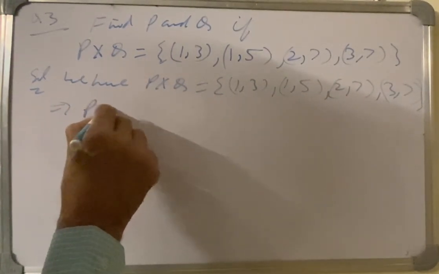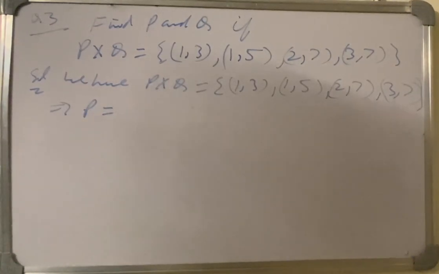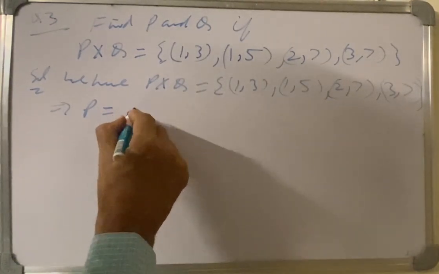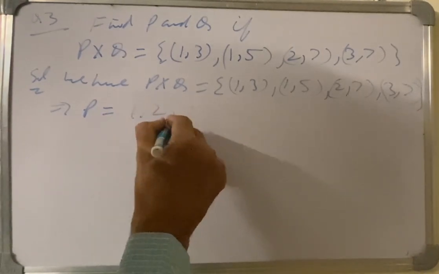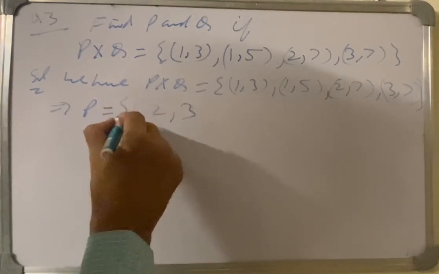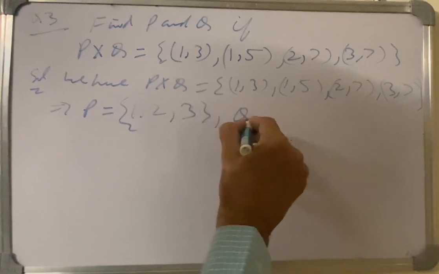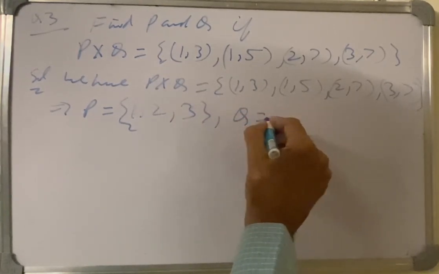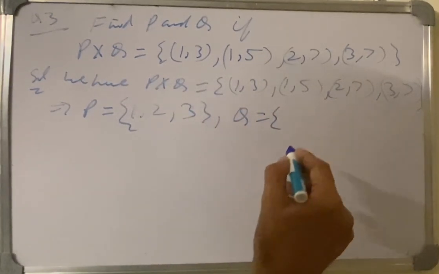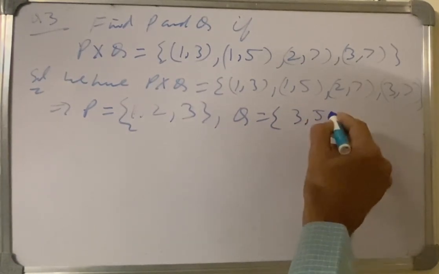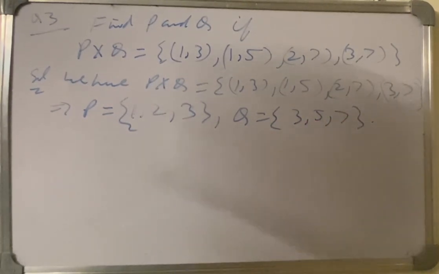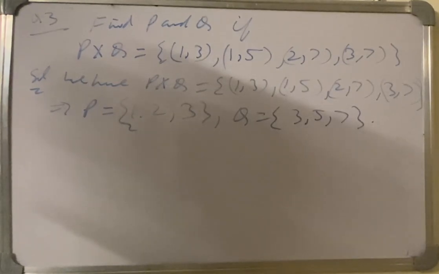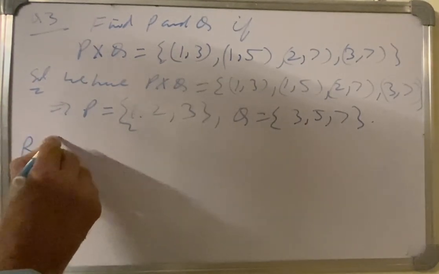Therefore, P is the set of first elements, which is {1, 2, 3}, and Q is the set of second elements, which is {3, 5, 7}.